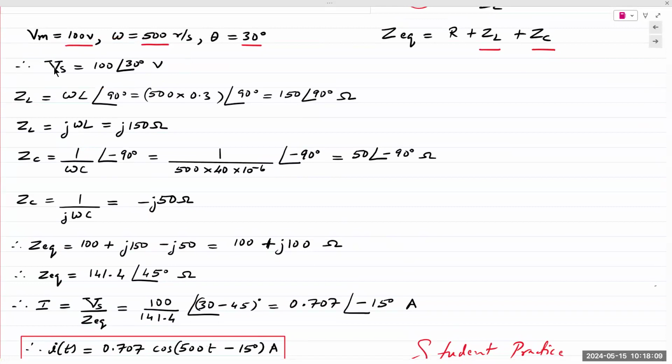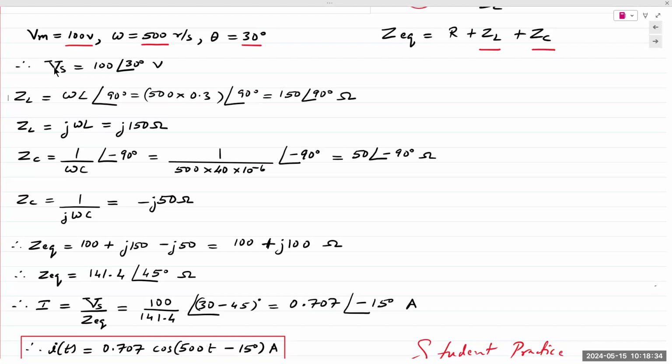If you had more than one voltage source in there, you would have to figure out a way to combine those if they are able to combine. Otherwise, we'd have to apply node voltage analysis or mesh current analysis. Same techniques, except complex numbers. So Vs is 100 with an angle of 30.